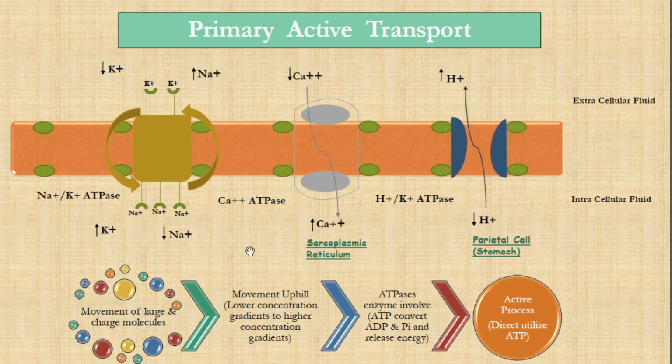See, the next one is the sarcoplasmic reticulum, in which the calcium concentration is more. Means from the inside environment, the calcium is going to the sarcoplasmic reticulum, from low concentration to high concentration. The next example is the H plus and potassium ATPase.